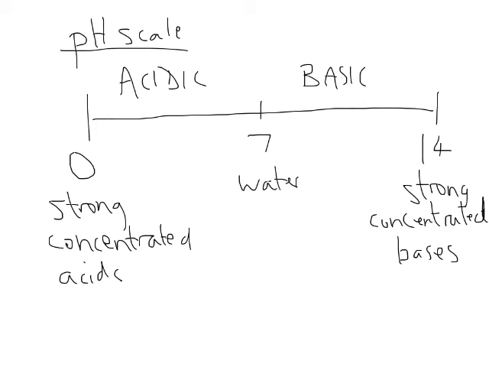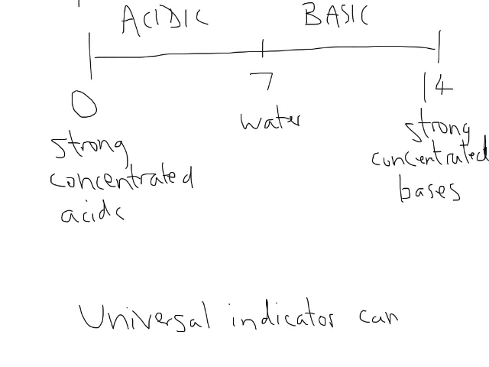This week you're going to use universal indicator to measure the pH, and universal indicator changes colour in different pHs. So it can measure the pH by looking at the colour change.